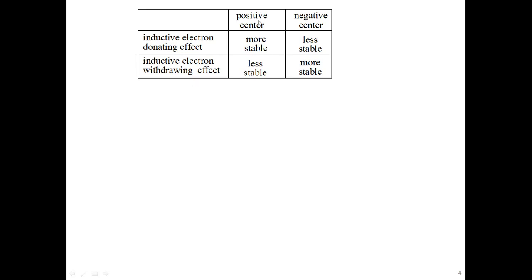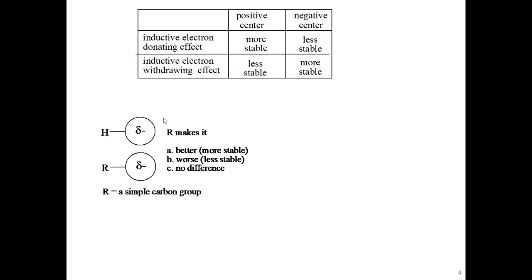If we had a positive center and we have something that's inductively withdrawing, stealing electrons away, that should make it less stable because it needs more electrons. But if we have something with too much negative charge, a negative center, and we put something that can pull some of that away, that should make it more stable. Okay, so this is a general idea of something that's very important in organic and biochemistry, and that is the idea of inductive effect.